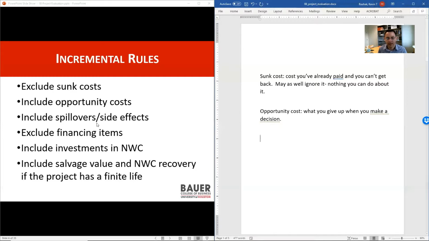And then the last idea here is one of spillovers or side effects. It means kind of the same thing as externalities. If you take project A, it could affect existing projects.